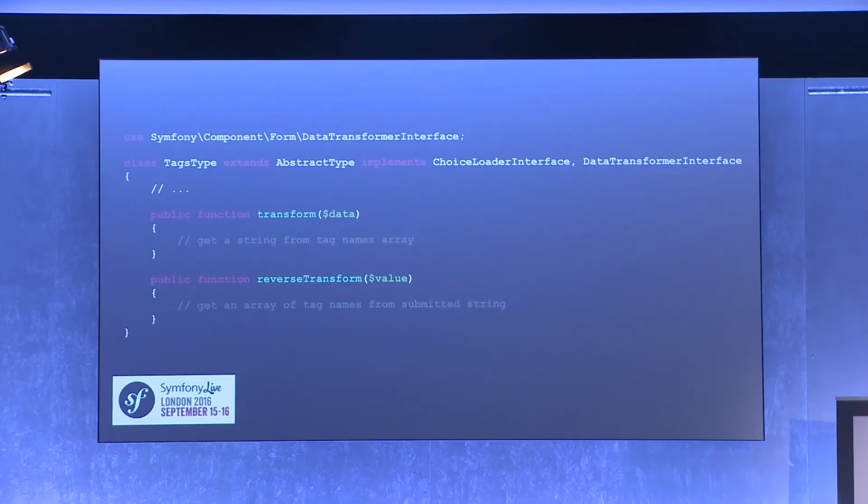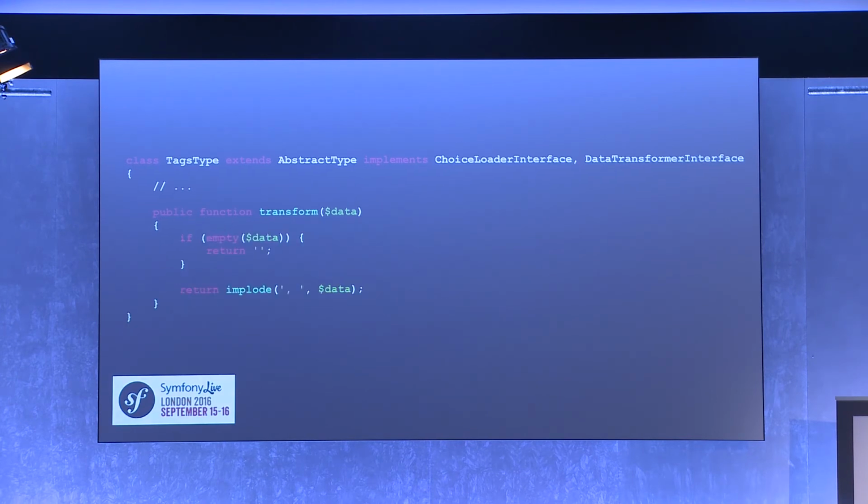So we also need a transformer because we want one string separated with commas, and we have an array. So transform will always receive the array of values, and we should return the string. And reverse transform should do the opposite.